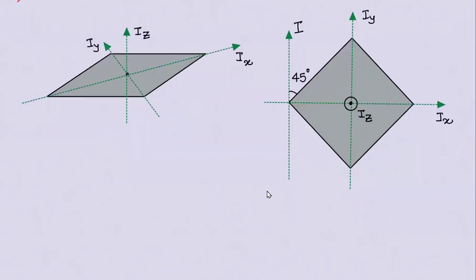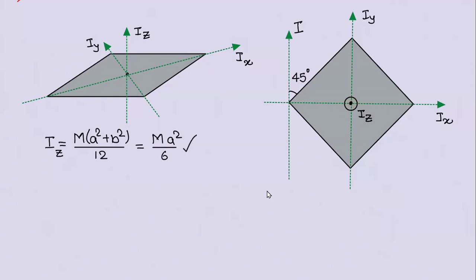Let us start with the table. First of all, table. Moment of inertia I is equal to m into a square plus b square by 12. This is the moment of inertia of a rectangular plate. But for a square plate, what happens? M a square by 6 because a equal to b. That is the moment of inertia about center and perpendicular to the plane. That means Iz. Okay. Now, one more thing.